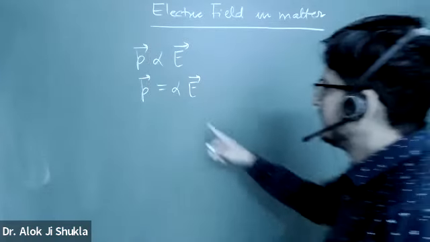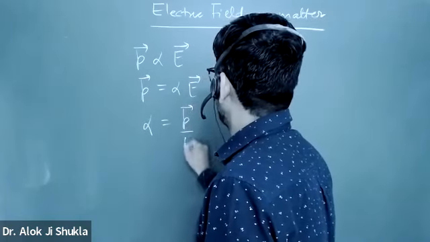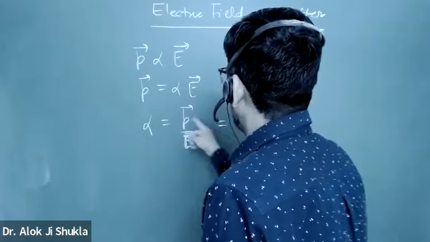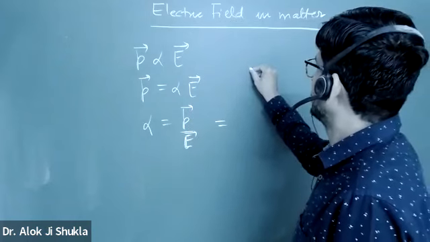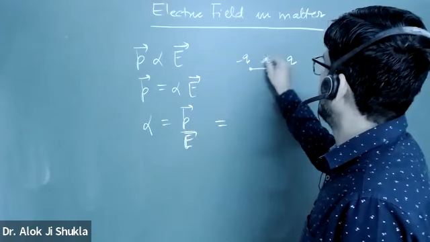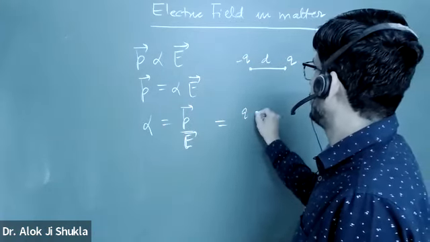And what is alpha? It is equal to P by E. In a very crude calculation, suppose charge Q was here, minus Q was here, and D was the separation. So dipole moment will be Q into D, right?